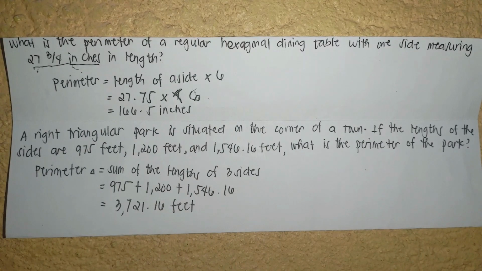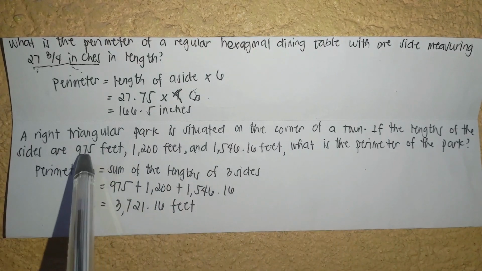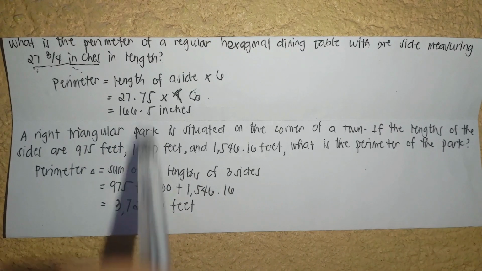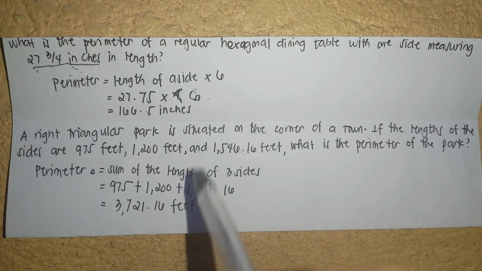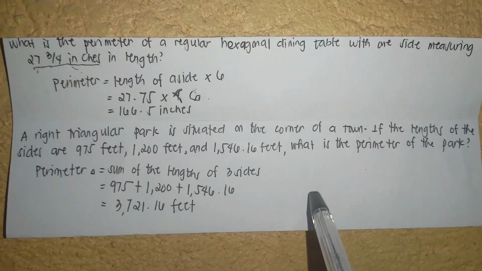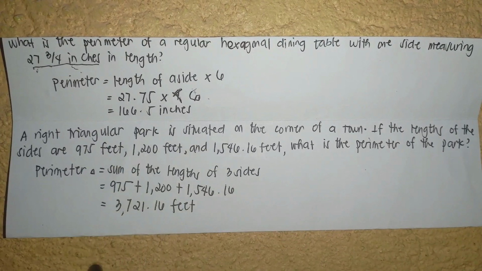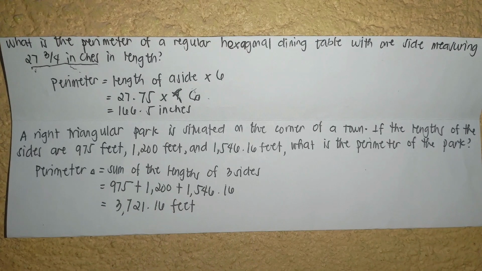So, all we're going to need to do is add the measures of the sides of the triangle, which is 975 plus 1,200 plus 1,546.16, and the answer is 3,721.16 feet. Ganun lang po siya.